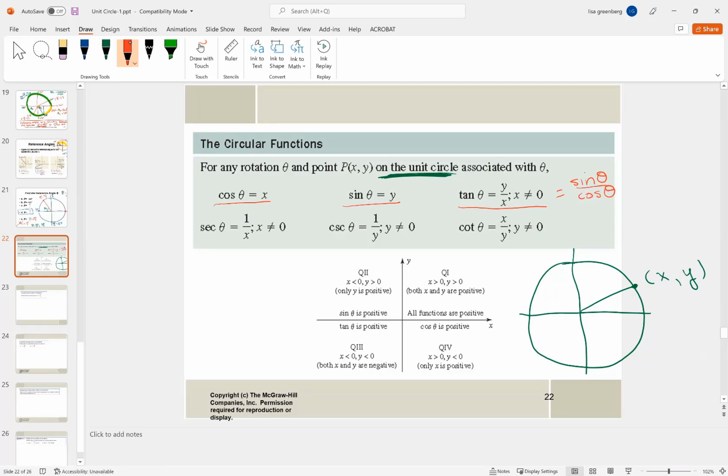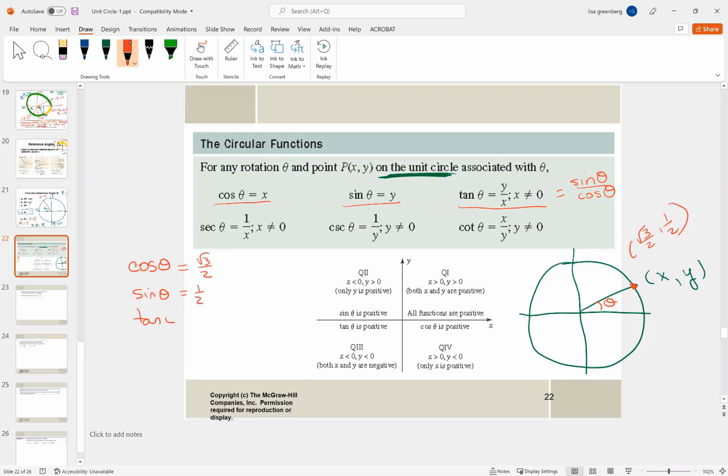For example, if I know this point out here, let's say it's the square root of 3 over 2 comma 1/2, I would know that my cosine, I have to call this theta, my cosine of theta is going to be the square root of 3 over 2. My sine of theta is going to be 1/2.